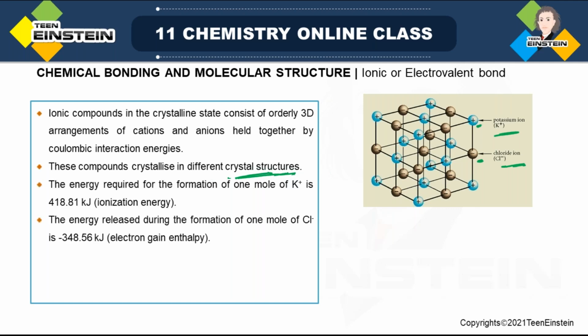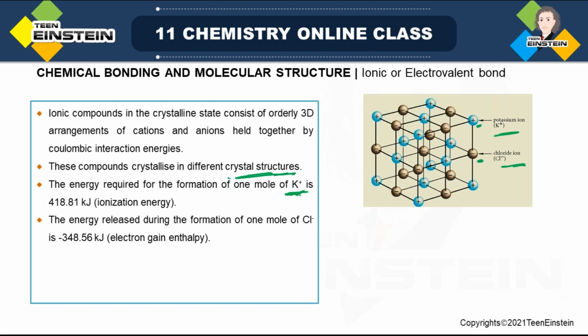Now the energy required for the formation of 1 mole of potassium ion. 1 mole means Avogadro number of K plus. We always say in terms of 1 mole because the values of ionization energy or electron gain enthalpy that are available in the database are always in terms of per mole.